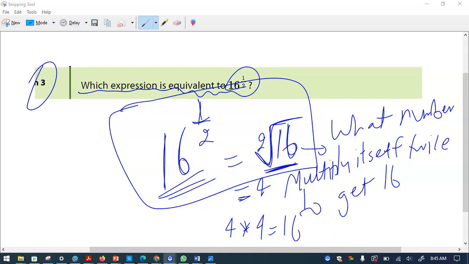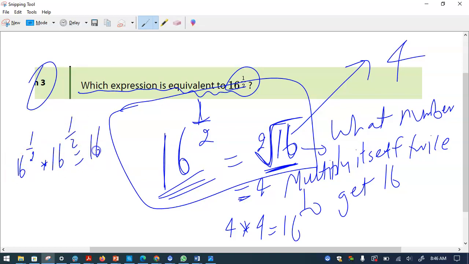So both give you the same answer, 4. I hope this takes care of that.